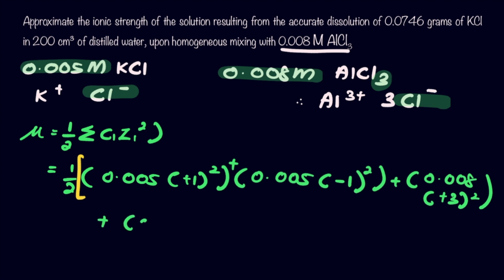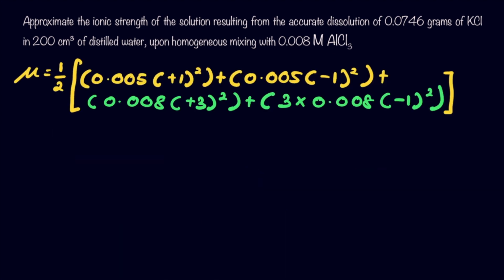plus 0.008 times negative 1 to the power of 2, but here we have 3, so at the beginning here you should have 3 times 0.008, then only you times negative 1 to the power of 2, right? So from here you just have to press your calculator.